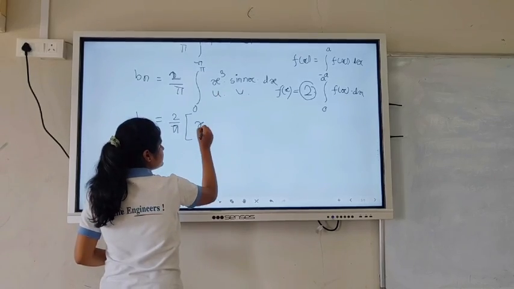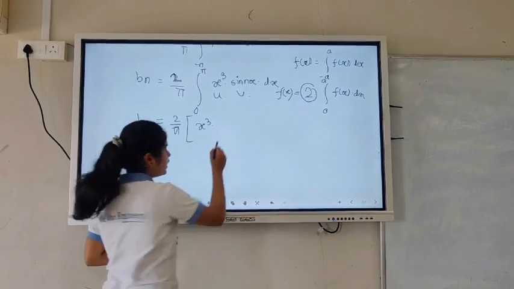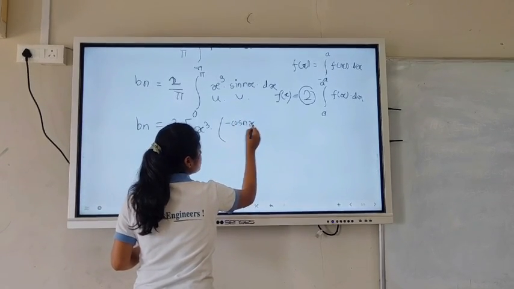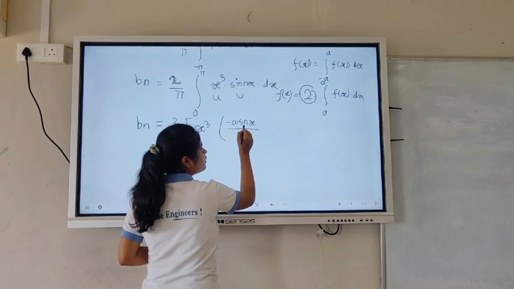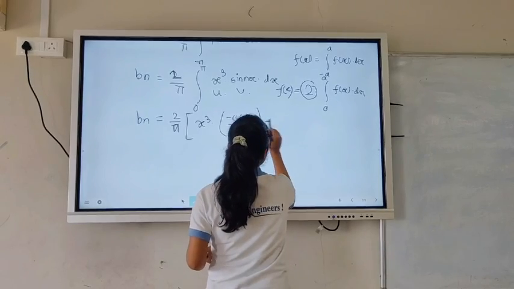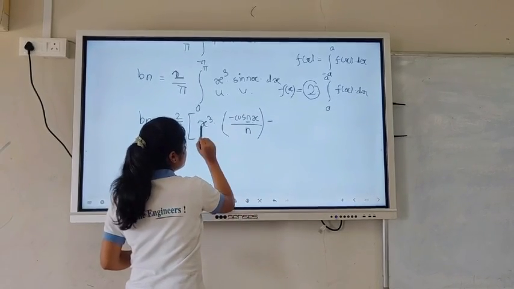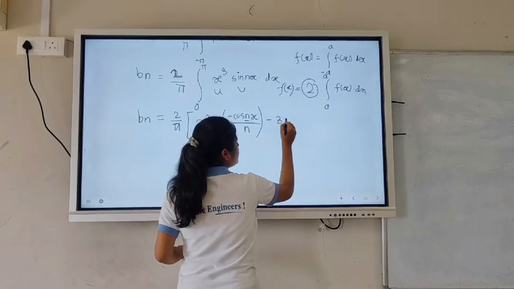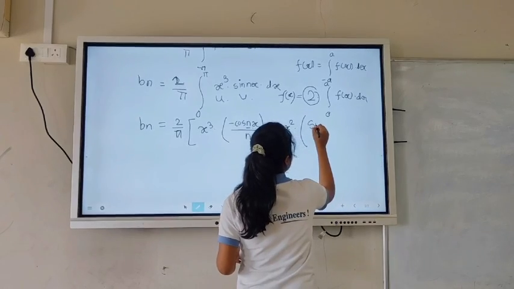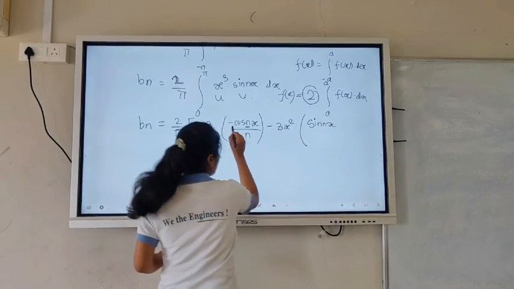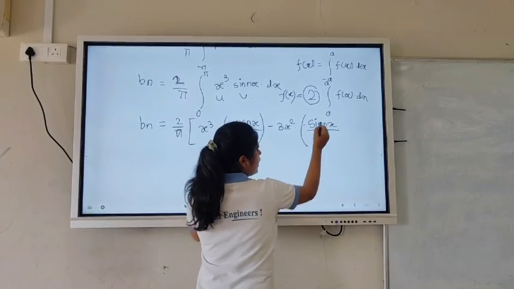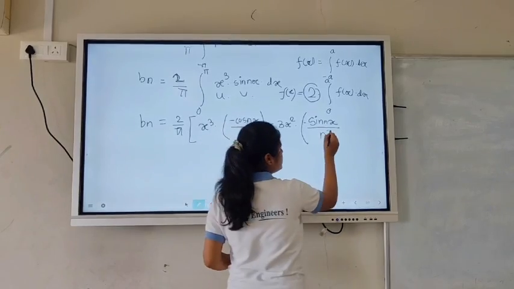We take the derivative of x cube and the integration of sin nx. So the first term is as it is, that is x cube, and the integration of sin nx is minus cos nx upon n. Then we take minus sign, then the derivative of x cube is 3x square, then the integration of cos nx is sin nx. Here is a minus sign, so we take minus sign and we write this n, and here is already one n, so it is n square.